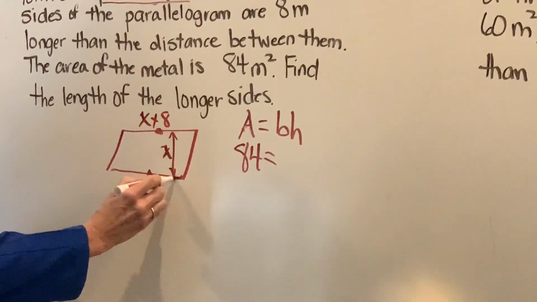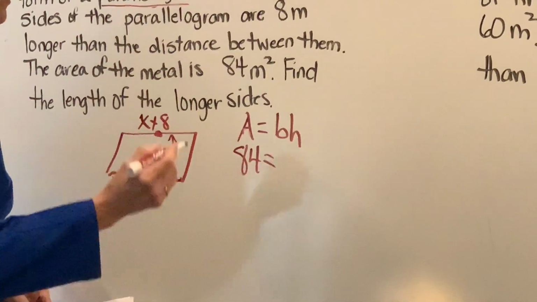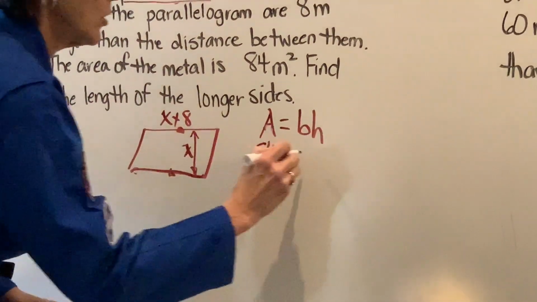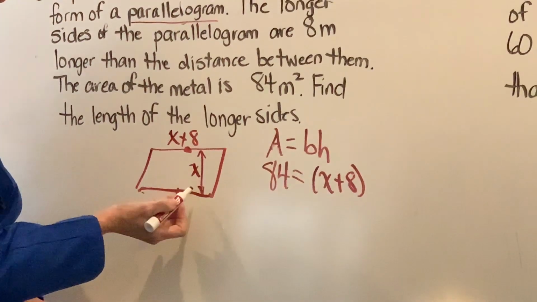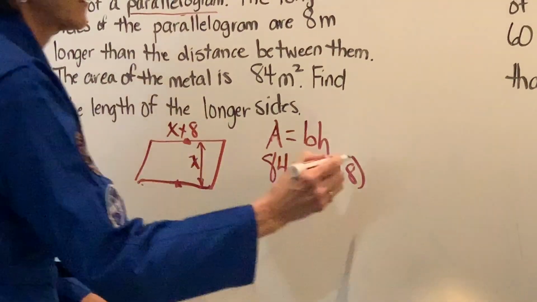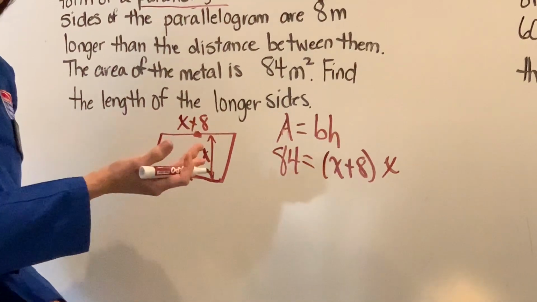The base would be the bottom. Well, the bottom and the top are the same. It's a parallelogram. Not only are the opposite sides parallel, they're also equal. So the base would be X plus 8. And the height is the distance from the bottom straight up to the top. Well, we can see that's X. And now you just need to solve your quadratic equation.